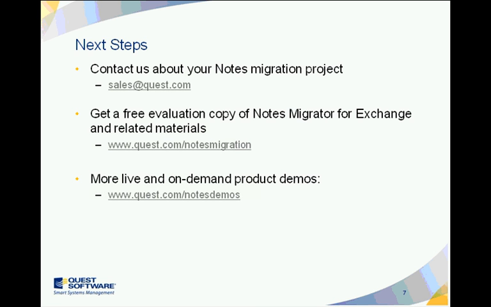You would need to go to the support website to download it. Or you can always ring up Quest support and just ask for the best practice document if you're having any problems finding it. Okay, fine, thank you.